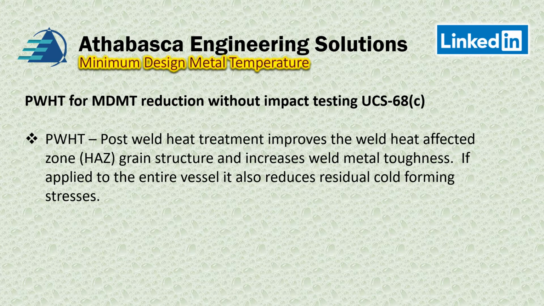And in some future videos, we've done a lot of work with crack growth and so on, and you can see from those calculations how much of an effect post-weld heat treat can have on improving the toughness of a part and improving the MDMT.